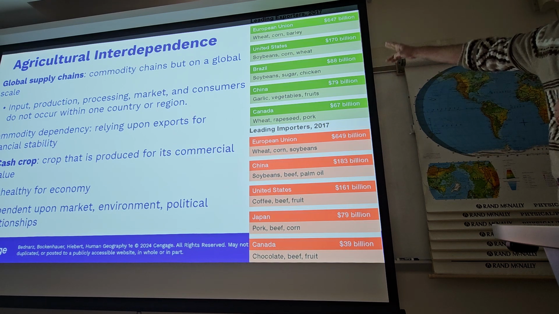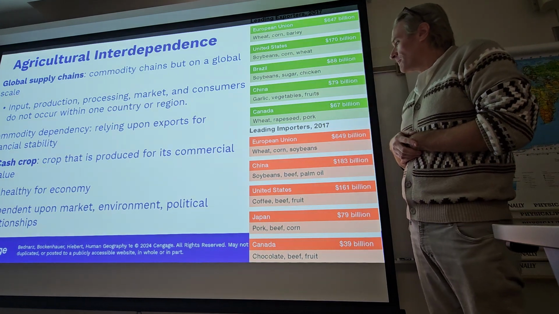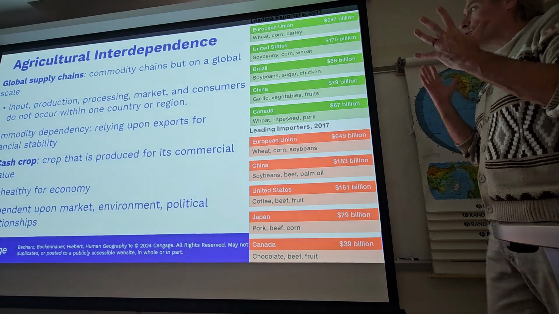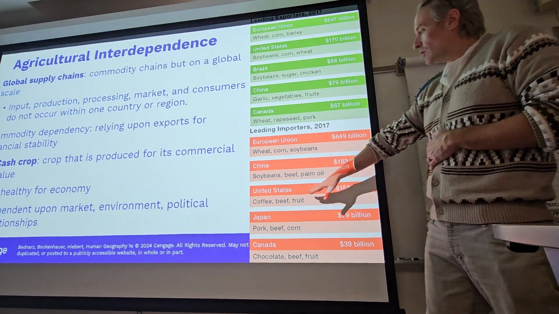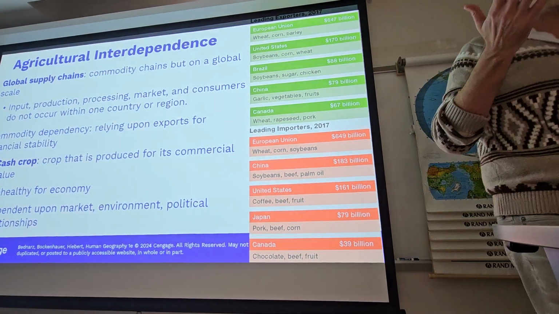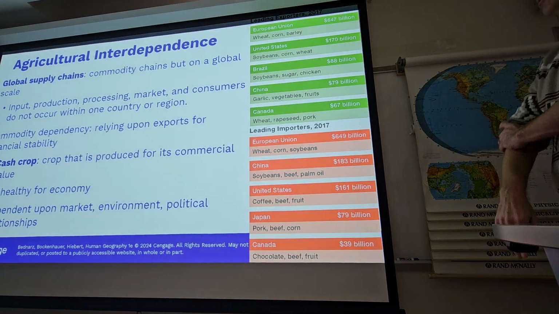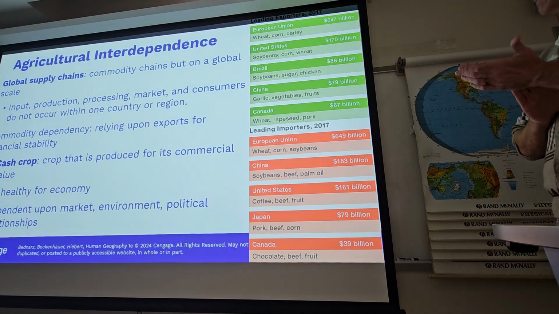This chart has leading exporters up here, leading importers down here. As you can see, there are some crops that we're importers of and exporters of. You would think that we would have plenty of beef locally, but Americans have a larger beef consumption habit than we even grow. So we import these different things.